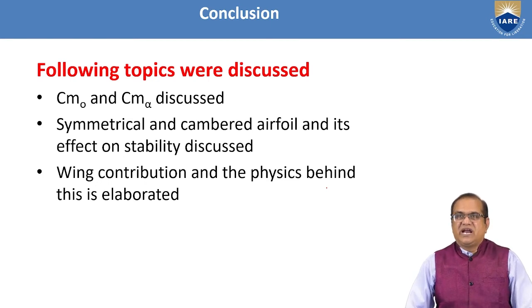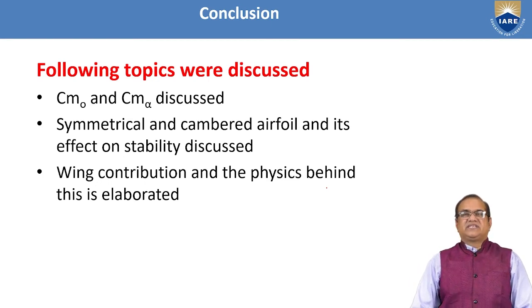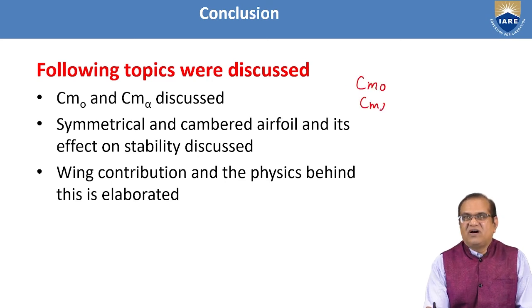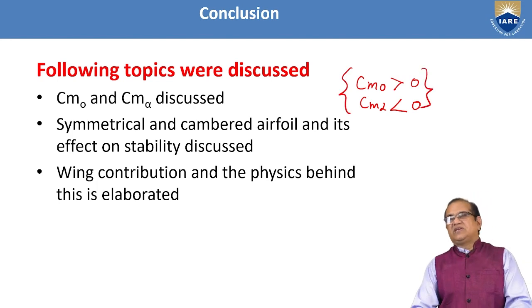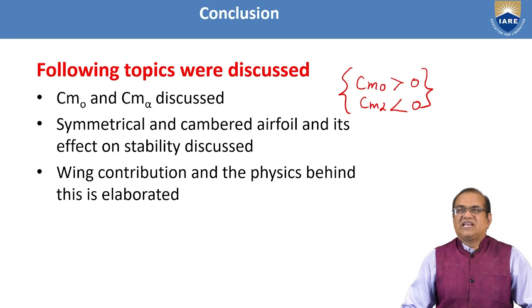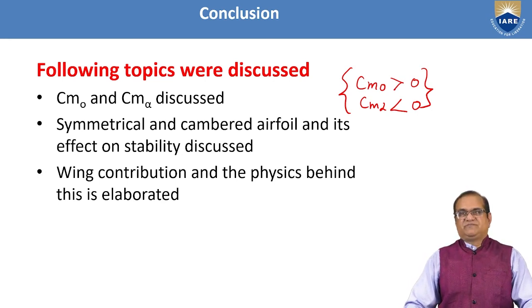Wing contribution and the physics behind this is elaborated, and we have seen how the Cm naught and Cm alpha, this we need positive and this we need negative, and how these two things can be made so that the longitudinal static stability of the aircraft can be achieved.